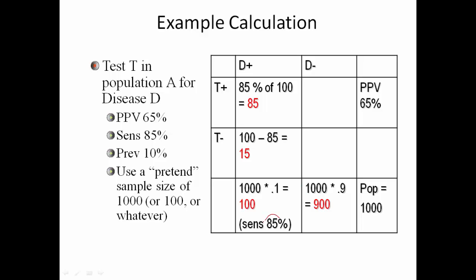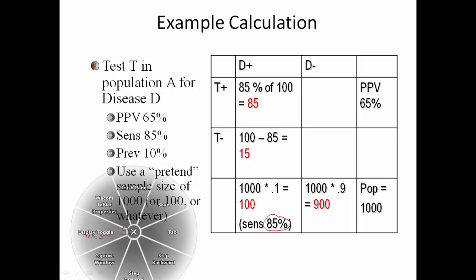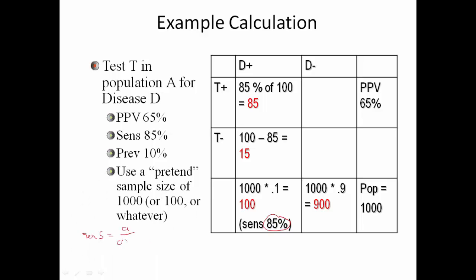Okay, now you're going to use this sensitivity to be able to calculate this. So if we know that sensitivity is A over A plus C, and so that means you have a sensitivity of 0.85 equals A over A plus C. And we know A plus C is 100.